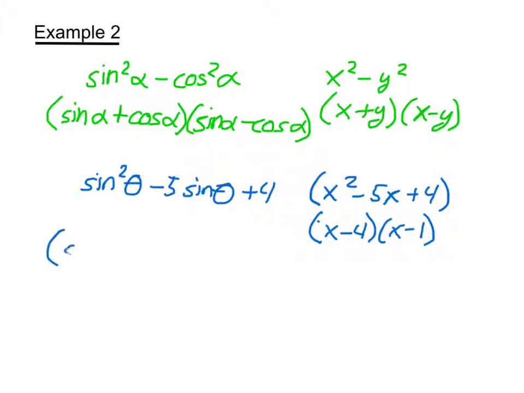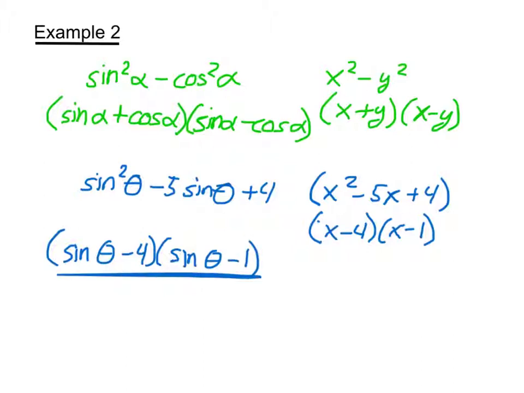I have sine theta minus 4 times sine theta minus 1. So really, what I'm trying to get at here is that in most cases it's helpful to solve the parallel algebraic expression first and then factor the trigonometric expression second.